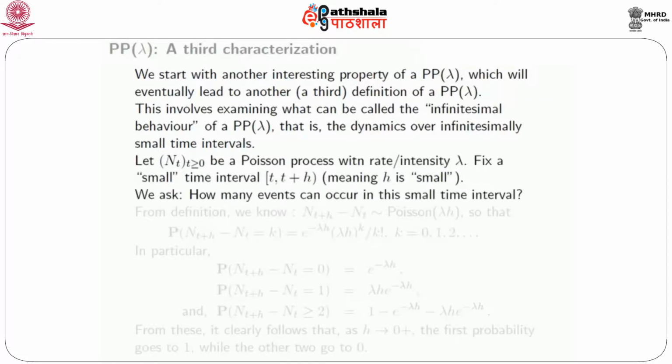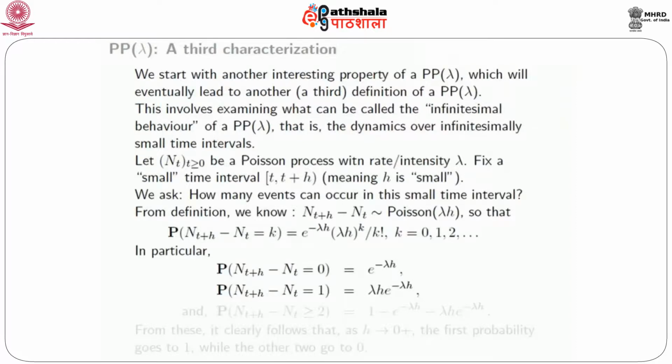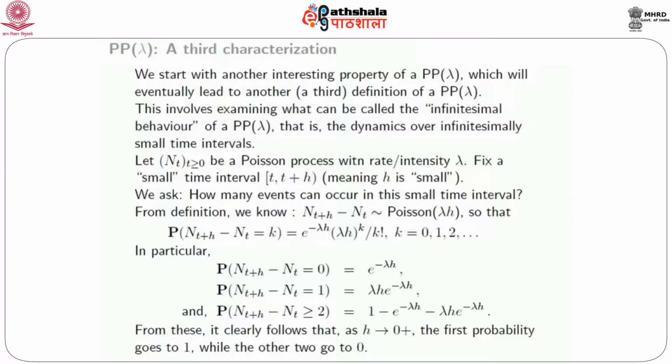What it involves is examining what can be called, it will be clear as we go along, roughly the infinitesimal behavior of PP lambda. That is, the dynamics of the Poisson process over infinitesimally small time intervals. Alright, so let's try and understand what that means.